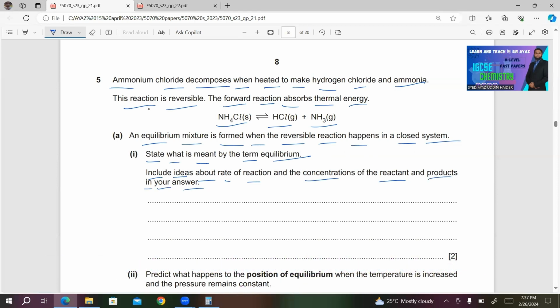So for a reversible reaction, the rate of the forward reaction becomes equal to the rate of the backward or reverse reaction.